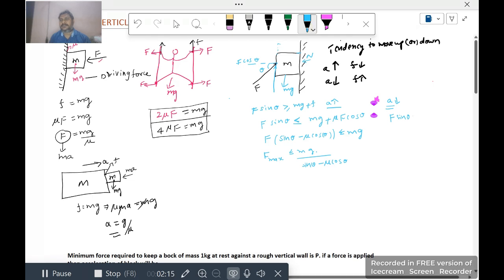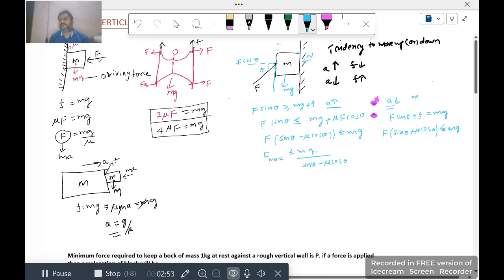Otherwise, F sin theta plus friction is equal to mg, so it will move downwards. So now F into sin theta plus mu cos theta is greater than or equal to mg.